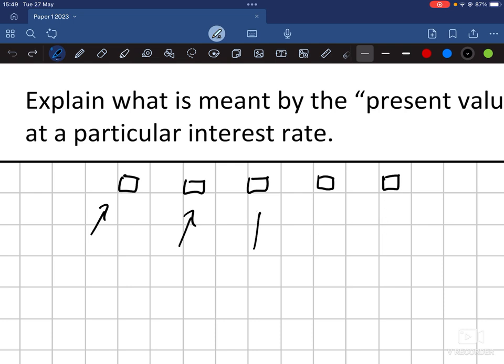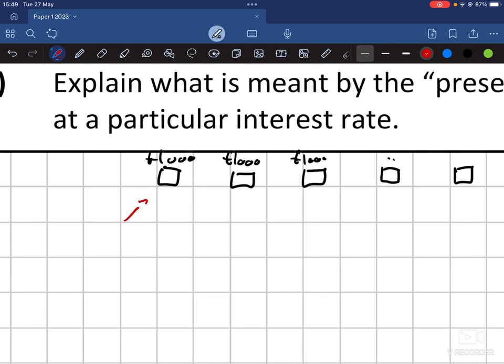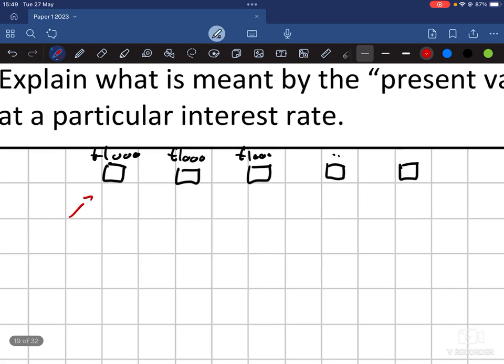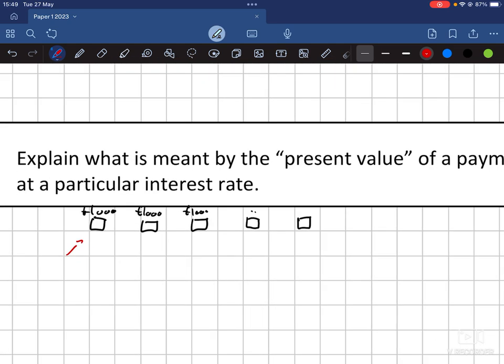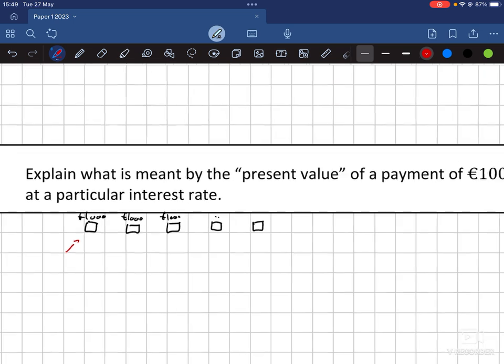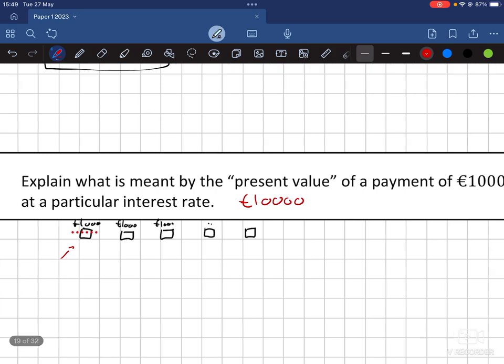Okay, and let's say, for simplicity, that each payment is €1,000. And then so on. I won't do the last two. So we pay this back at the end of this year. We're going to pay €1,000. But let's say our great aunt dies and leaves us a lovely sum of €10,000, we might say, okay, let's pay off the loan.